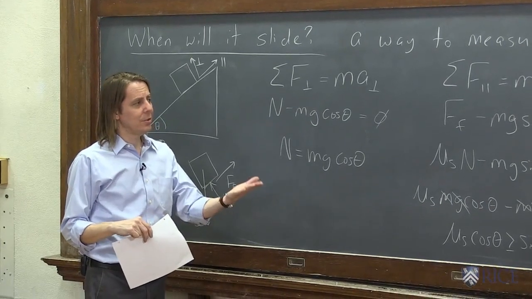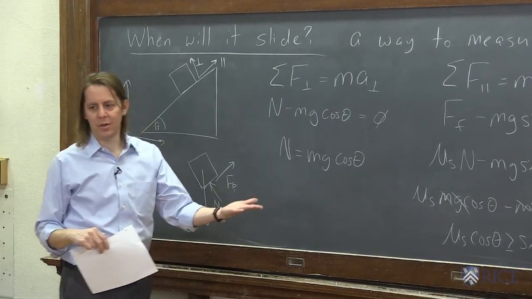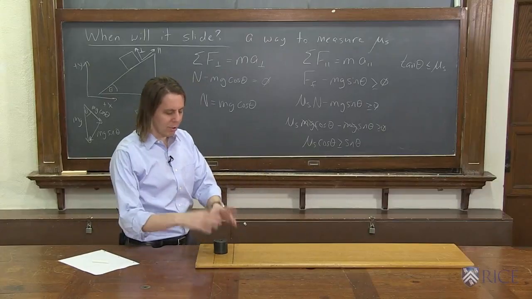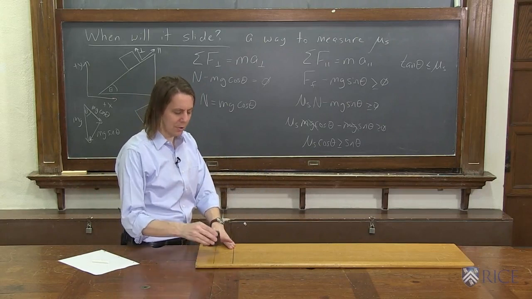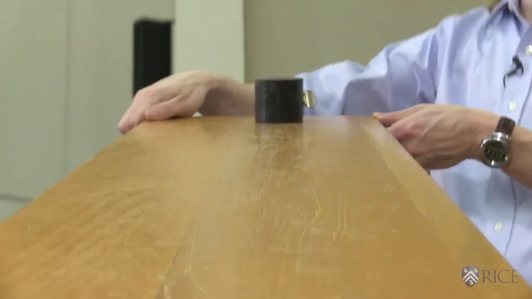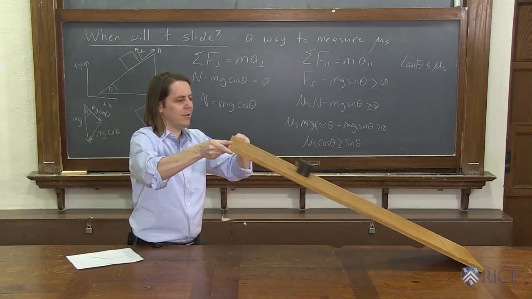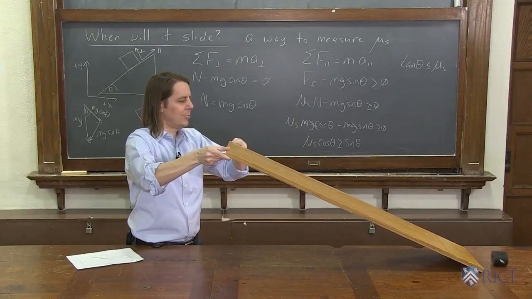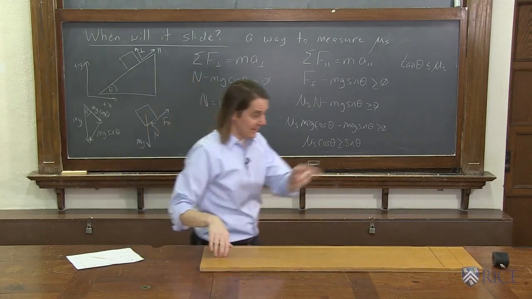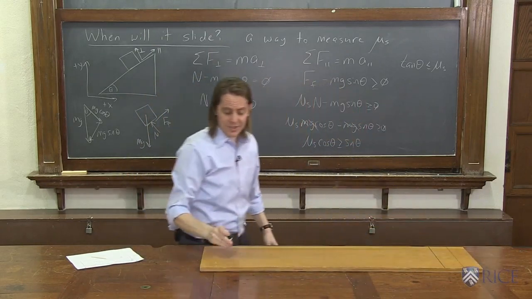So what that means is we have a very easy way to measure mu s. All you've got to do is get an inclined plane and a block. In this case, it's just a weight. And I will lift this, and we'll watch theta get bigger and bigger. So let's see, about right there. So what is that? About 30 degrees. So the coefficient of friction between this and this is the tangent of about 30 degrees.